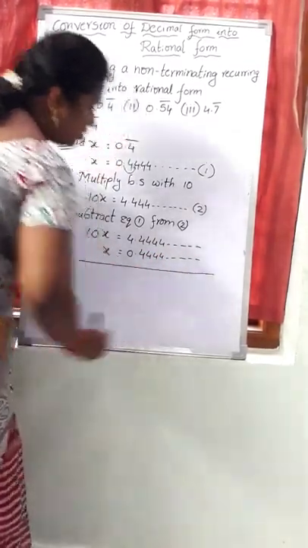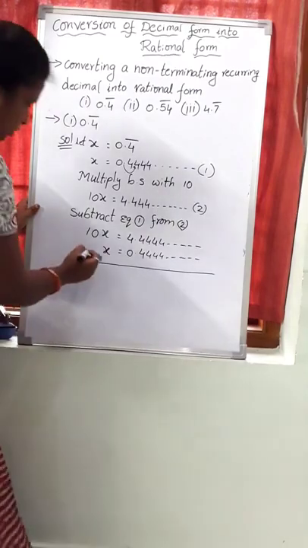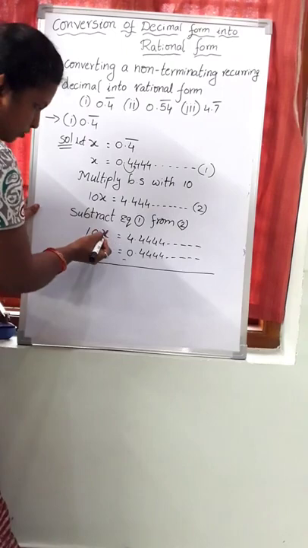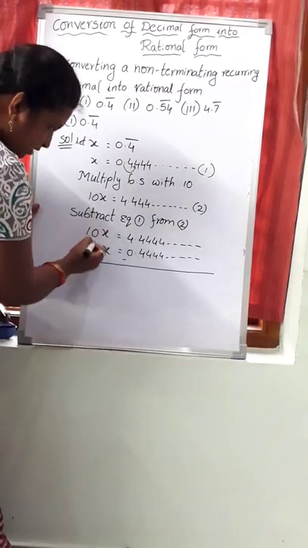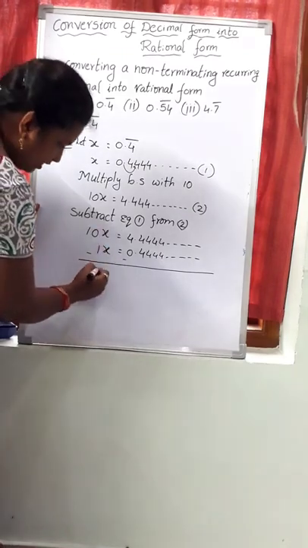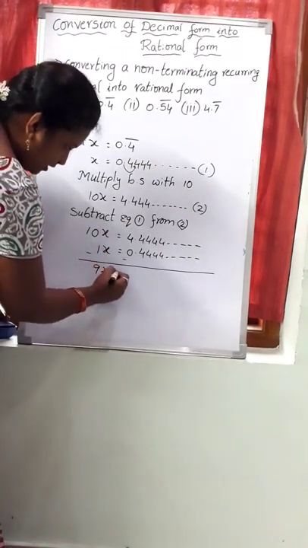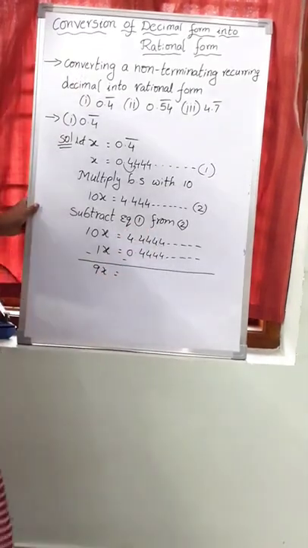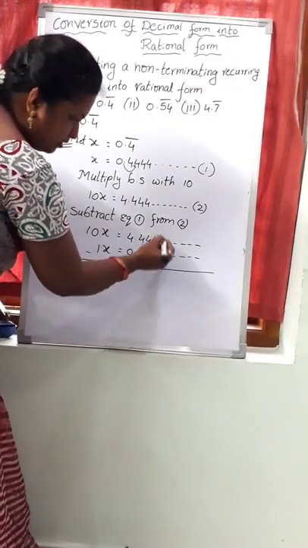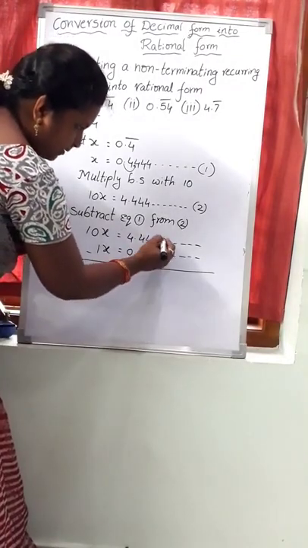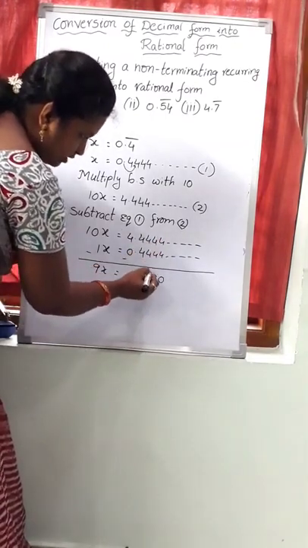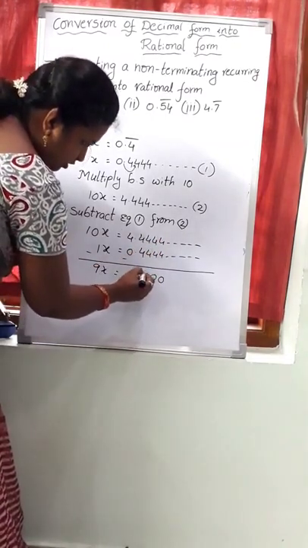Now do the subtraction. So here the symbols will be changed. Here from 10, x means 1x. 10 minus 1 is 9x is equal to, and while doing the subtraction, you have to start from the rightmost place onwards. 4 minus 4 is 0 and 4 minus 4 is 0, 0, 0.